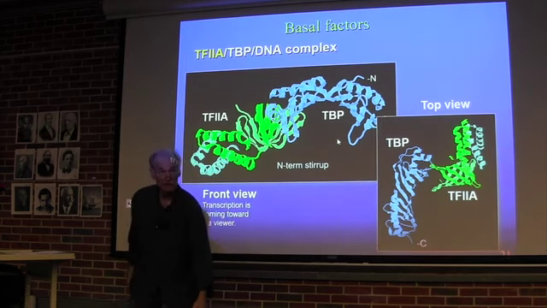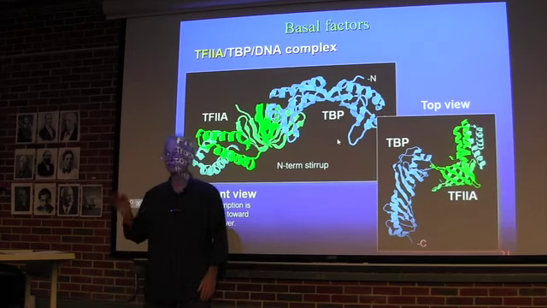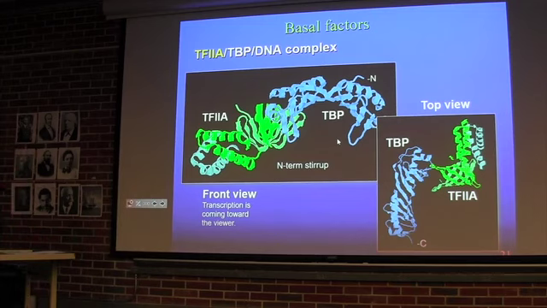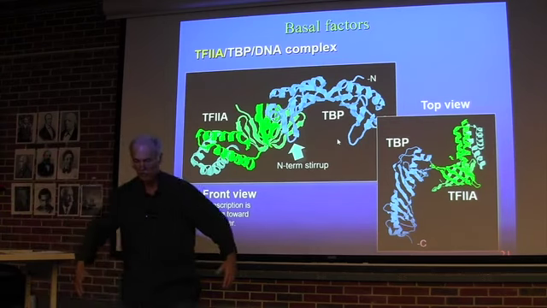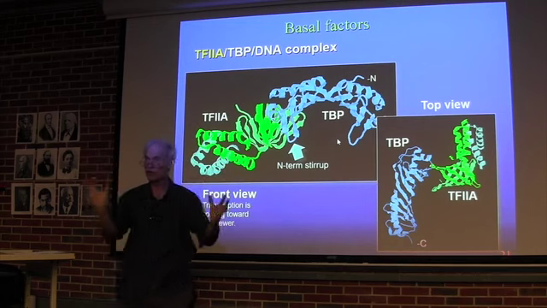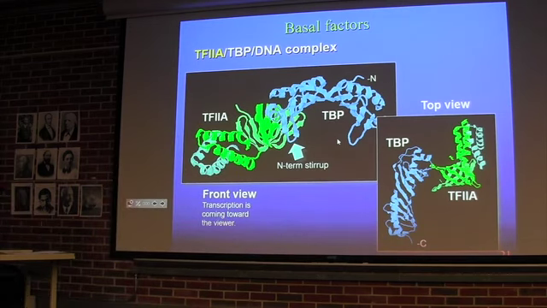That's on your left. On the other side, you've got these two saddlebags, TF2A. So you end up with complexes on both stirrups, and you end up kind of engulfing the DNA on both sides, and it stabilizes the interaction of TBP with the DNA.